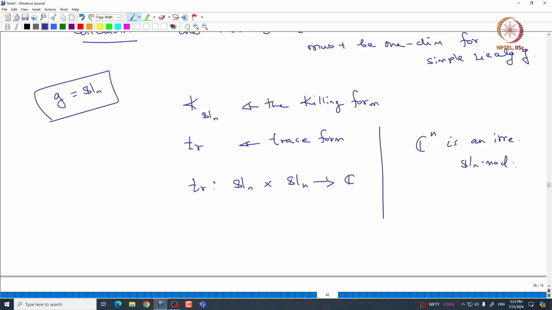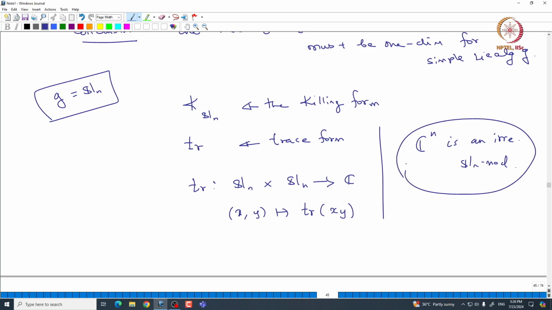But anyway, as long as you have the module, you can define the corresponding trace form. You can take x y and map it to trace of x y. The trace of x y is computed as a product of matrices; x y makes sense as matrices. So, you take the product x y and then take the trace of that. That is the trace form that comes from the natural representation of SLN.